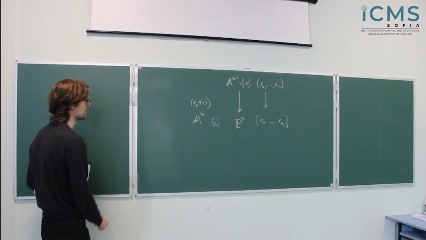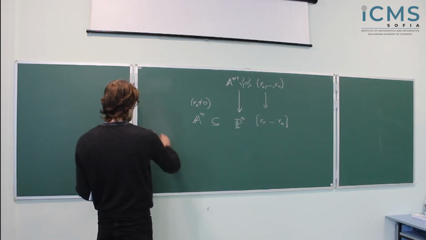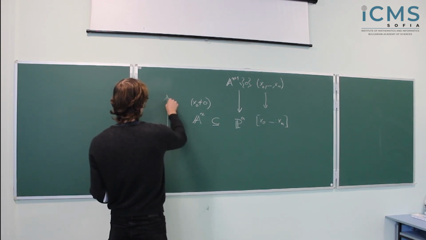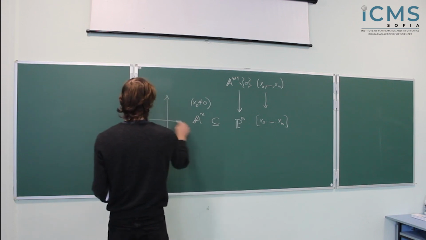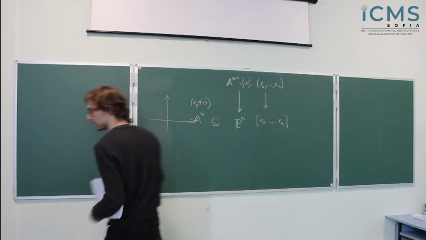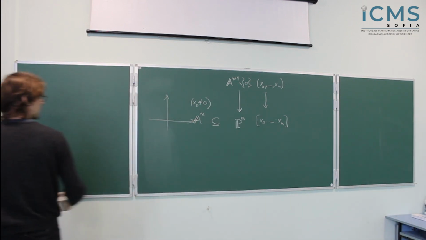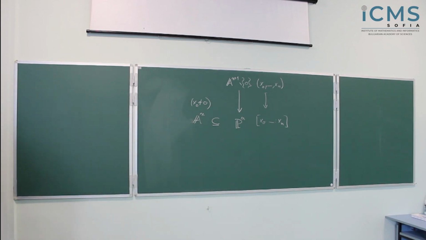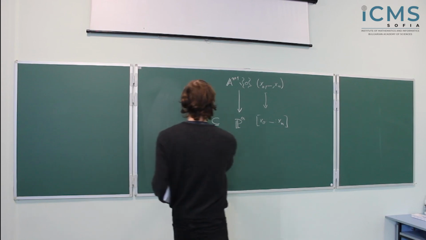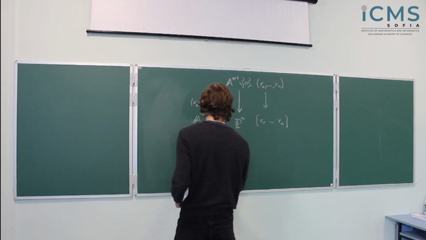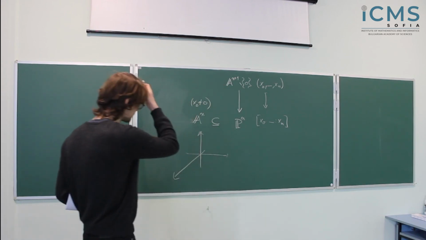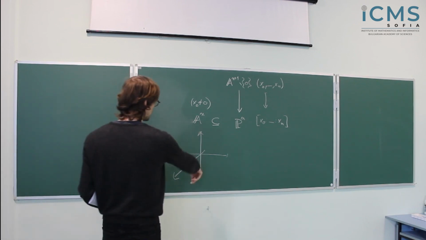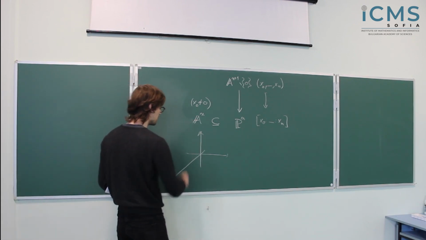So imagine that the (n+1)-space is something that resembles this, and you choose one of the coordinates to be non-zero.